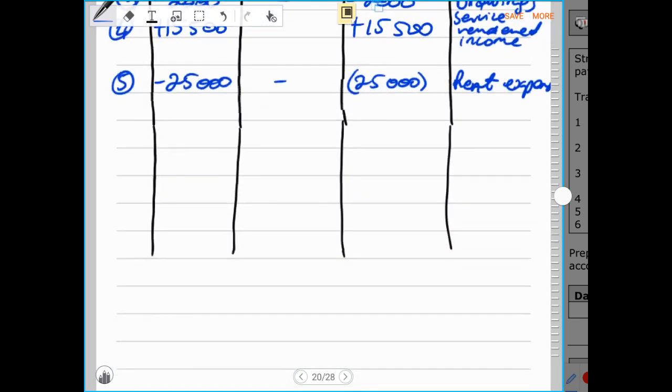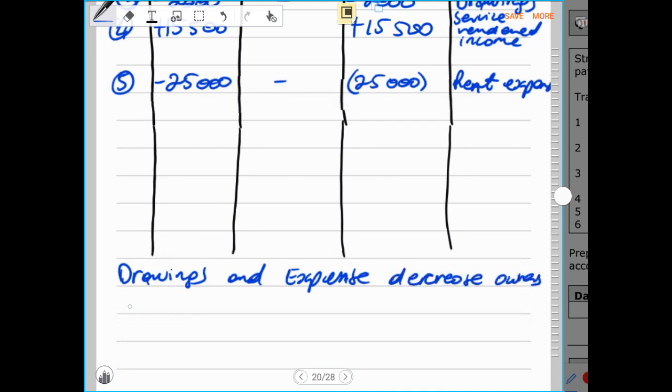Let me just write this one at the bottom here. Drawings and expenses decrease owner's equity.